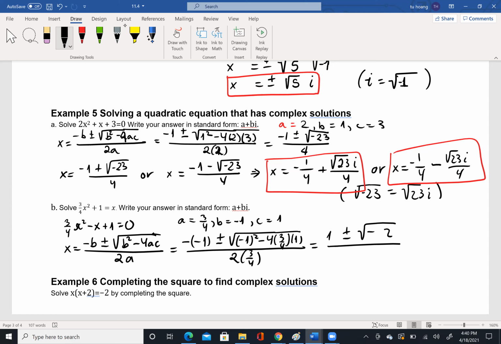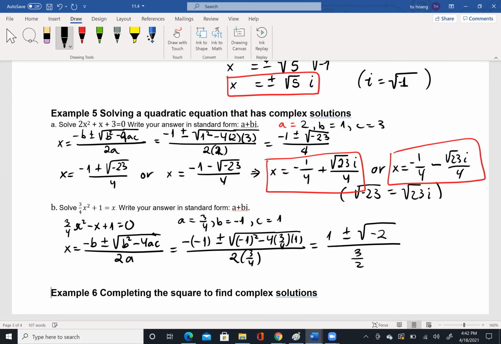No. Okay, so what I actually have in here is negative 2 divided by 2 times 3 over 4, which is 3 over 2.